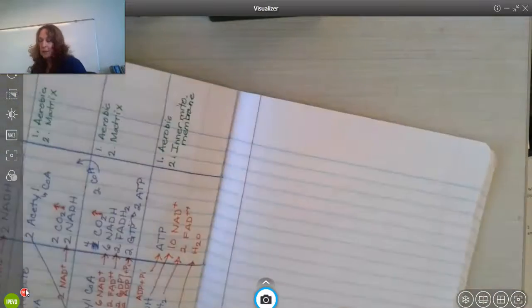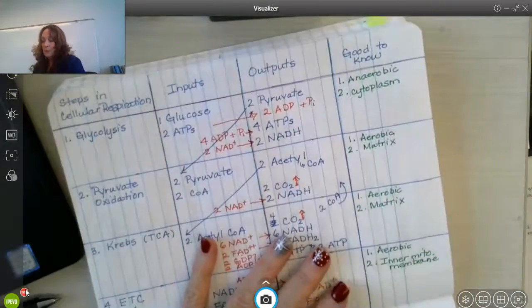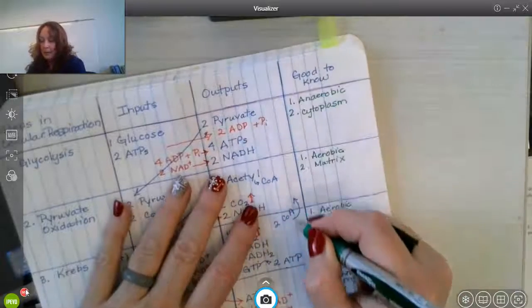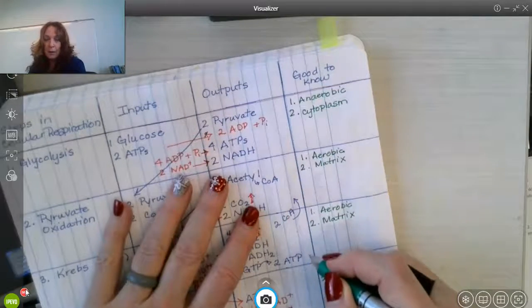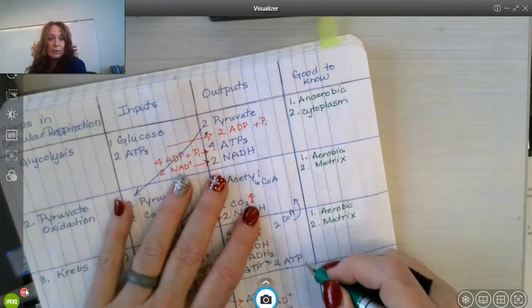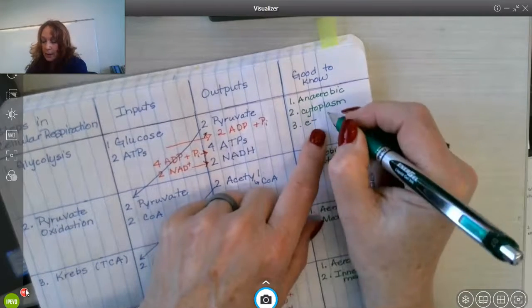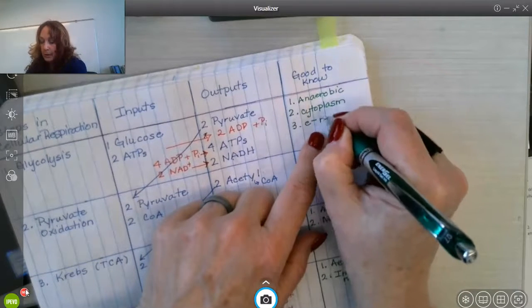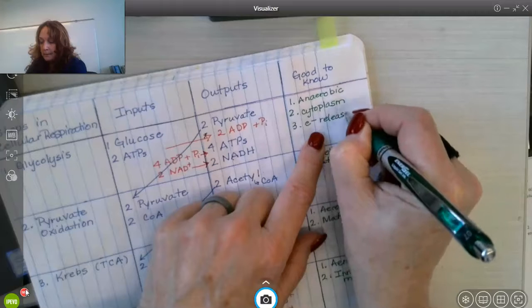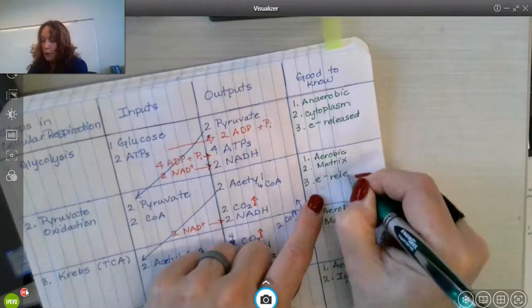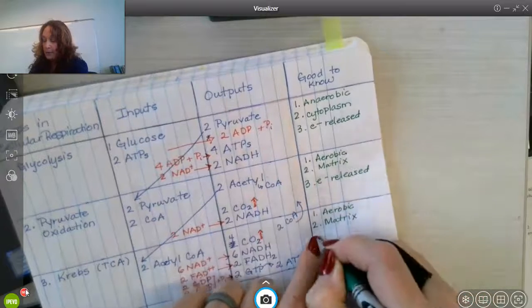Okay, so these 3 pieces are about making electrons. So we'll put here that electrons are going to be released, and they're going to go to electron carriers.